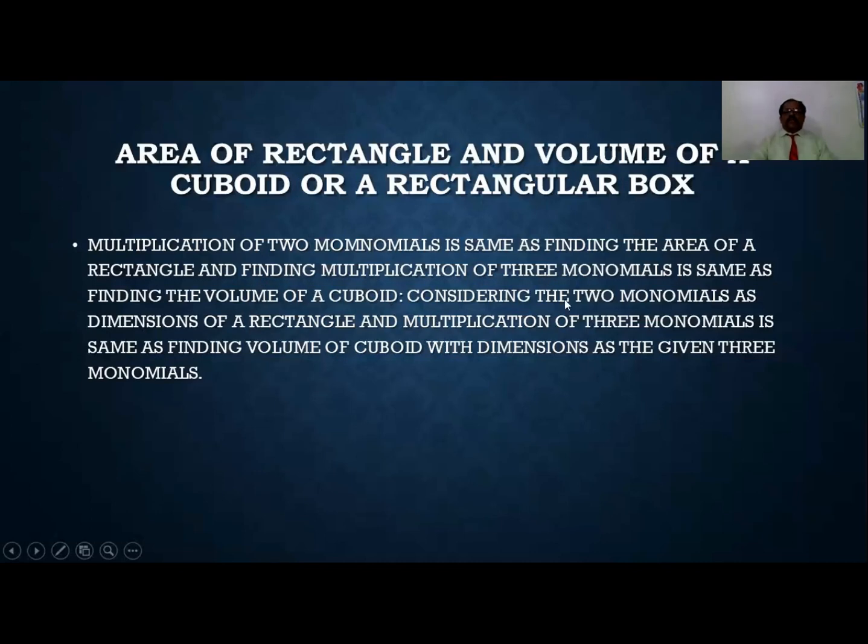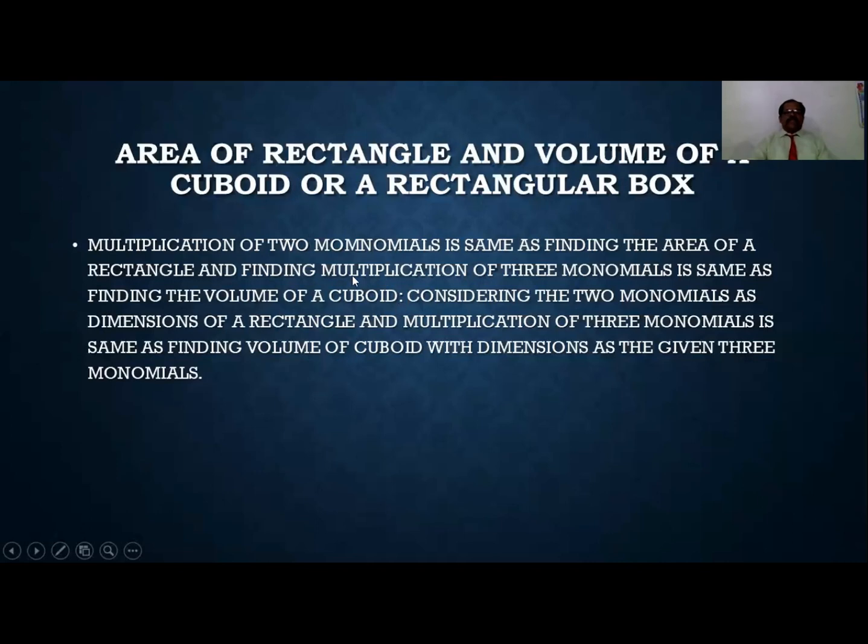So considering two monomials as the dimensions of a rectangle, what are the dimensions of a rectangle? We say that the dimensions of a rectangle are length and breadth, right? So these are the two dimensions of a rectangle. Similarly, as a cuboid is a three-dimensional figure, it will have length, breadth and height, or length, depth and height.